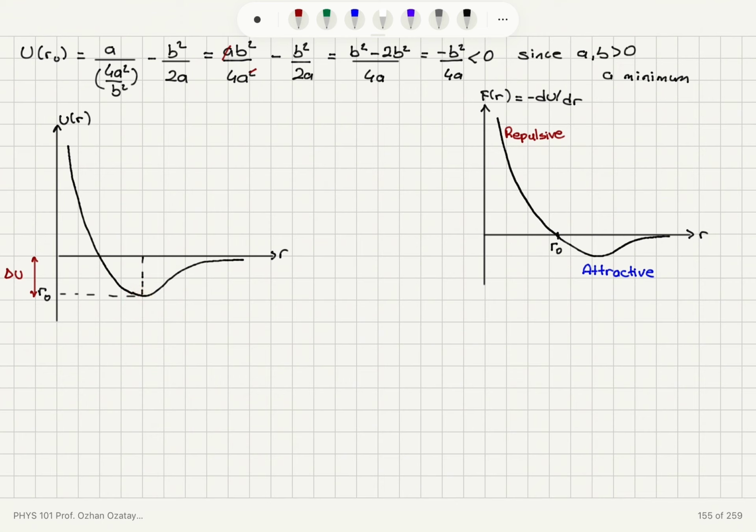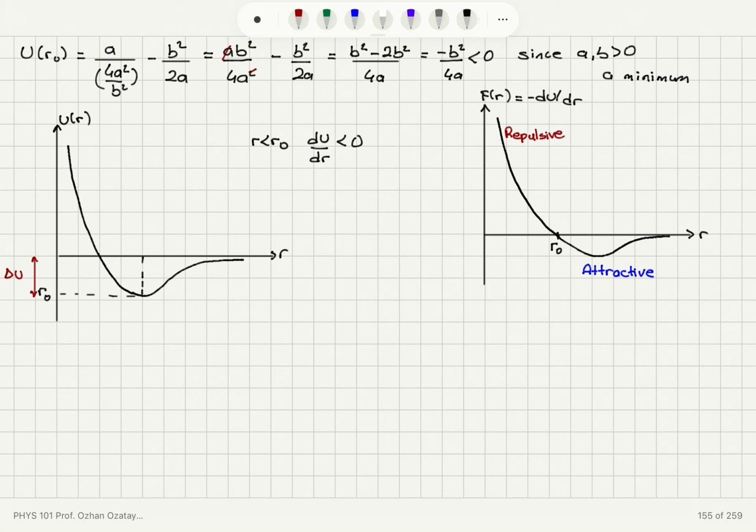So this is the potential energy function, and its derivative, minus du dr. We can analyze the behavior of the slope here. When r is less than r0 in this regime, you can see that the derivative du dr is negative. du dr is negative, force is minus du dr, so the force is going to be positive.